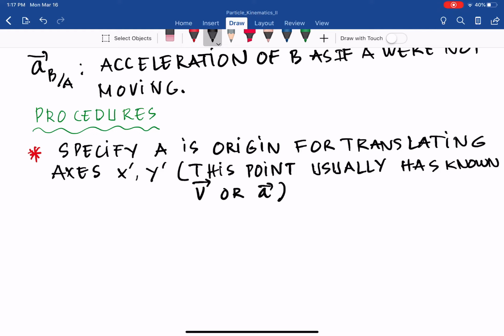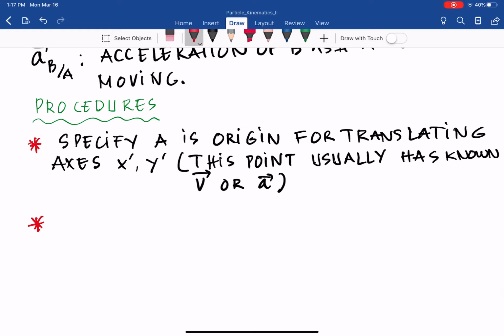The second note to keep in mind when we solve using the relative velocity or relative acceleration equation: for each equation, either relative velocity or relative acceleration, you have at most 2 unknowns. What are the 2 unknowns?